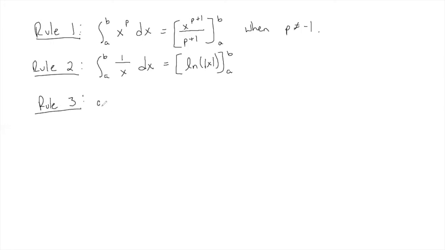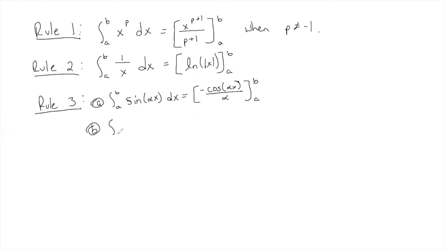All right. Rule 3. Remember, there are 3 parts here. Part A is the integral from a to b of sine, I think it is sine first, sine of alpha x dx is negative cosine of alpha x over alpha from a to b.